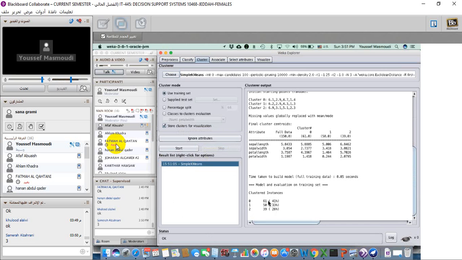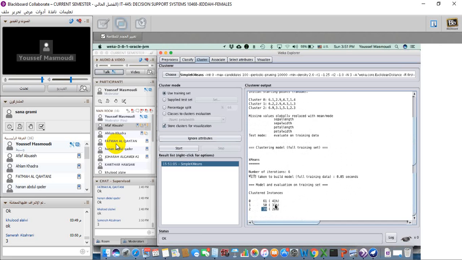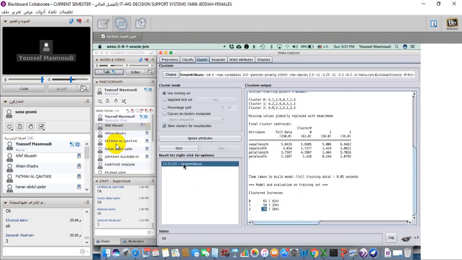This is the result. We have 3 groups. The first group has 61 flowers, the second group has 50 flowers, and the third group has 39 flowers. Okay, and what else? Yeah, we can visualize the result. I will right-click on simple k-means, and then I have visualize cluster assignments.